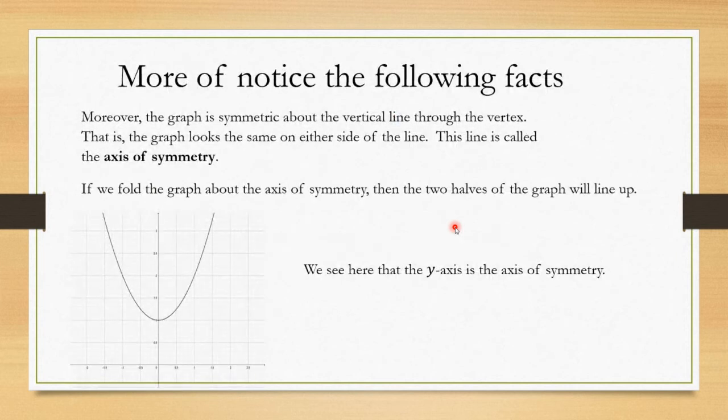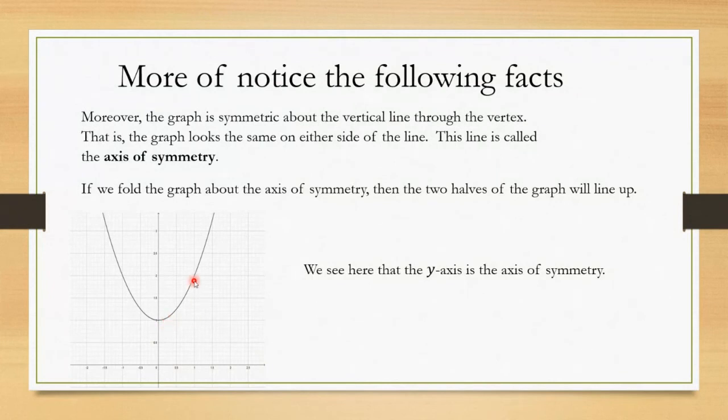And that axis of symmetry, what I mentioned before, this goes a little more into it. It's always the vertical line through the vertex. In this case, the axis of symmetry happened to be the y-axis. It doesn't have to be, though. It's the vertical line through the vertex. That's just what it is by definition.